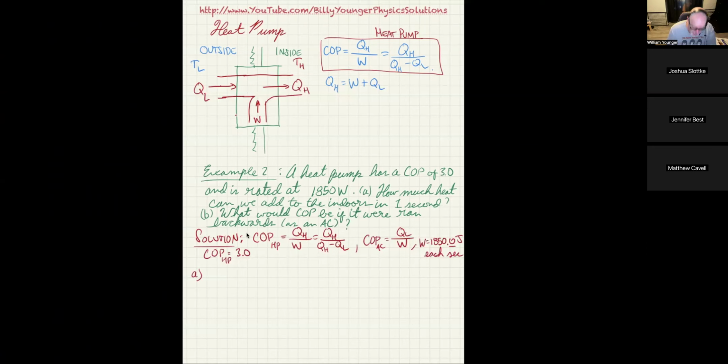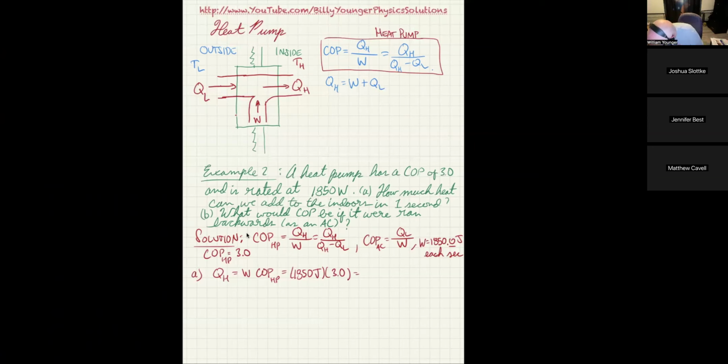Let's do part A. Part A, we need to find out exactly how much heat is being put in. And since we have the work per second, then this will be the amount of heat per second. So solving for COP, QH is equal to W times COP for the heat pump. And W, of course, is 1,850 joules each second, times the coefficient of performance, which is 3.0.